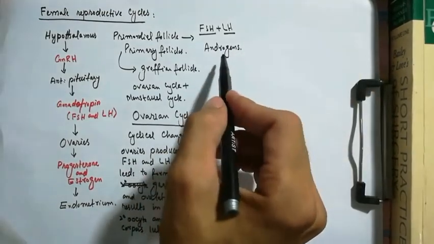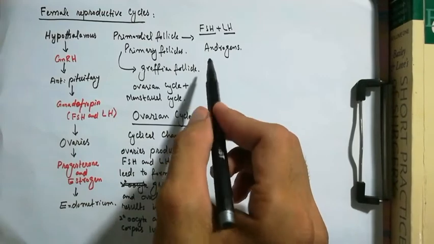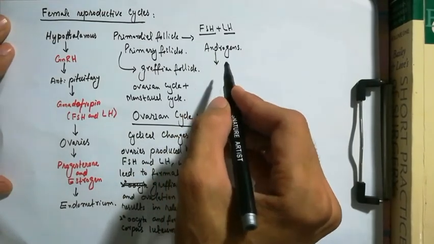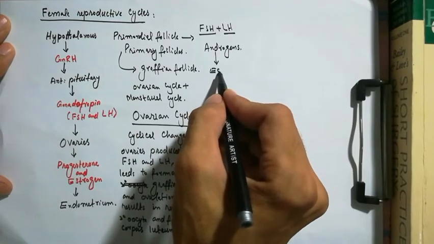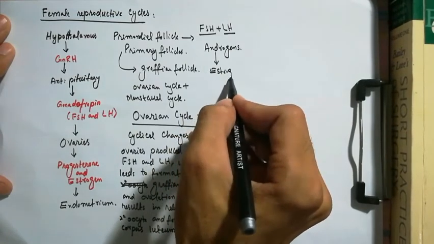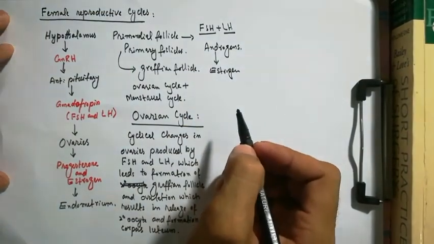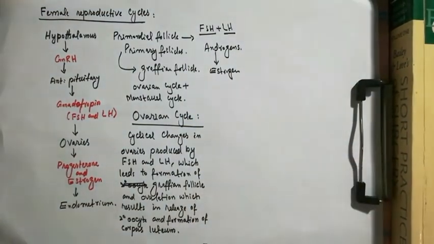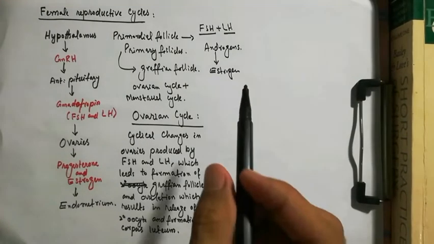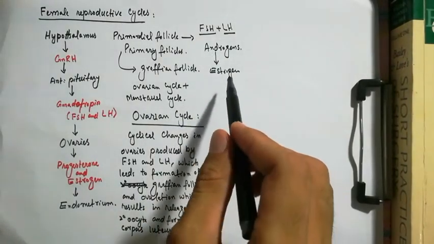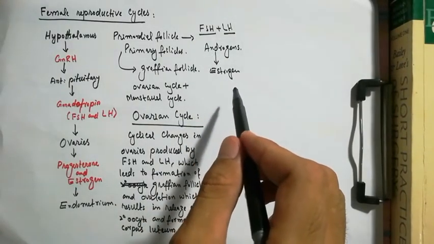And androgens secreted from theca interna are converted into estrogen by granulosa cells. Estrogen from ovary acts on endometrium of uterus and on anterior pituitary gland.